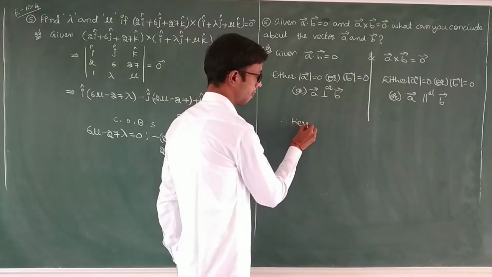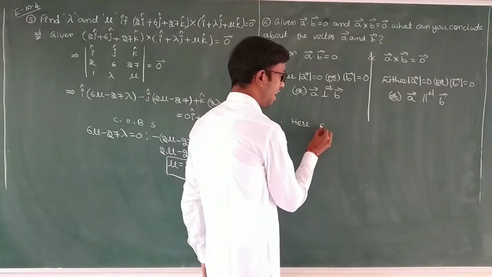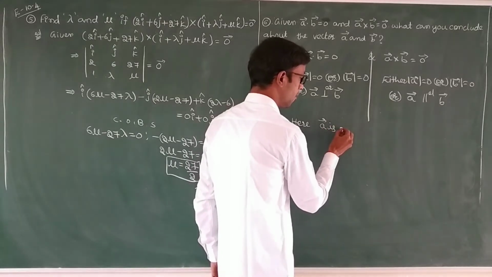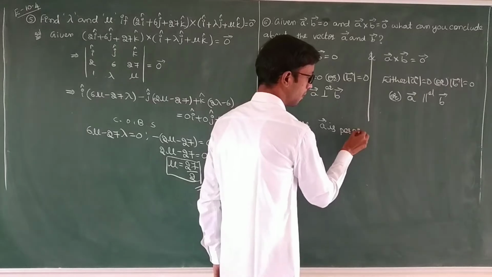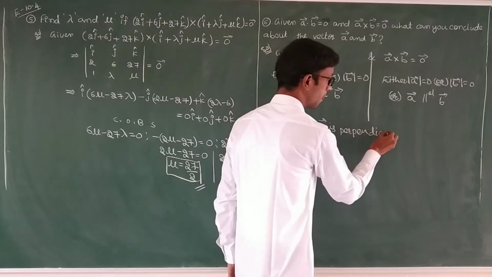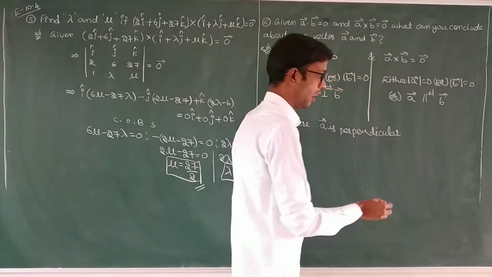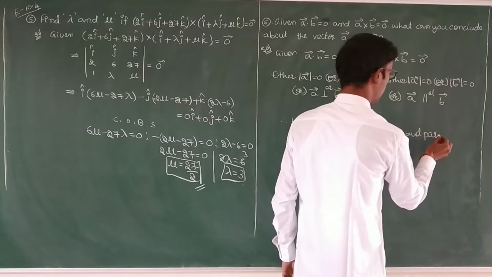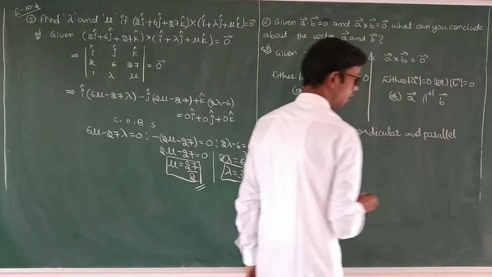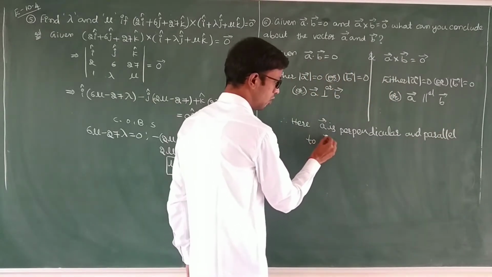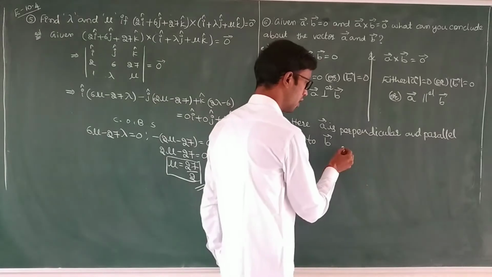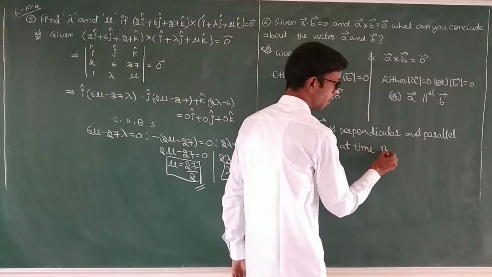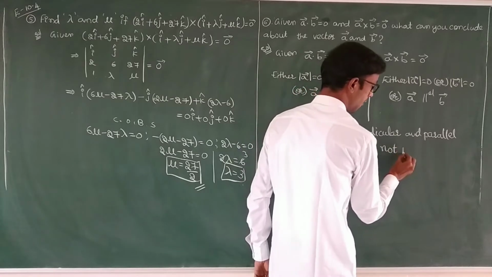Therefore, here a bar being perpendicular and parallel to b bar at a time is not possible.